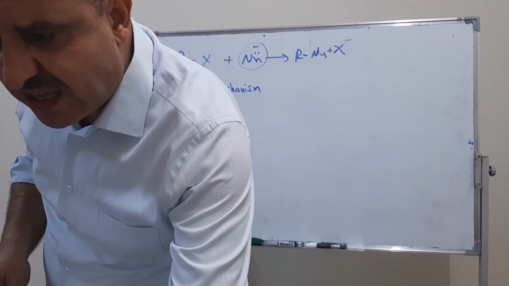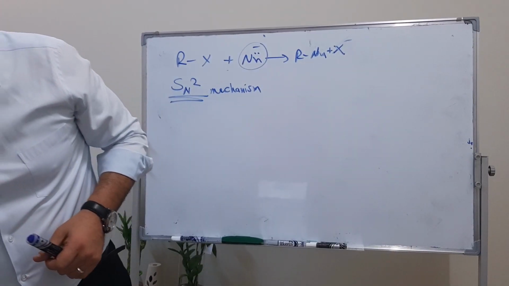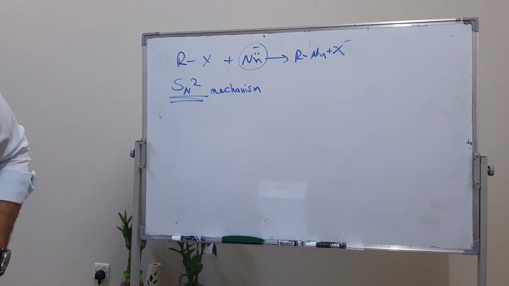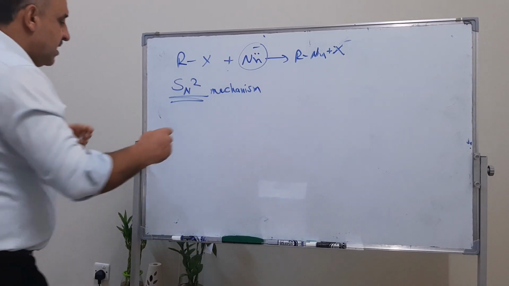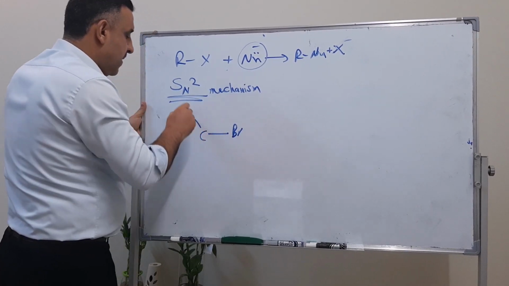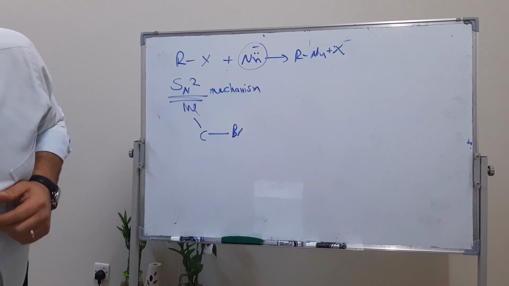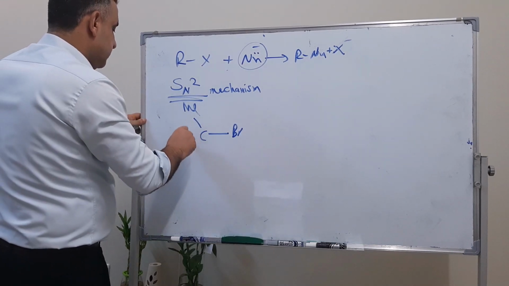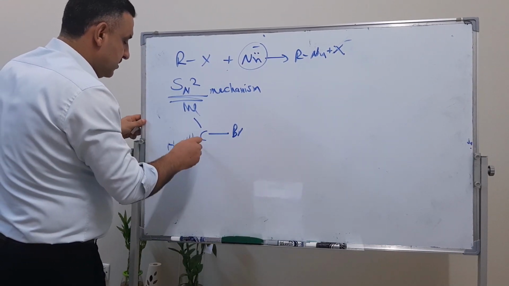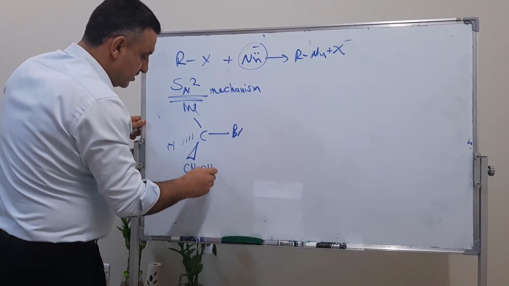I'll just write down the same example, which is a carbon attached to bromine, methyl, hydrogen, and ethyl, CH2CH3.